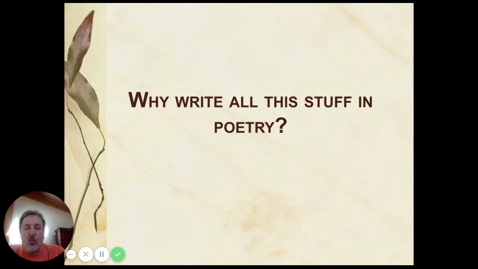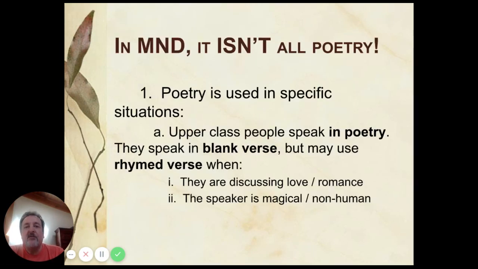So, why do this? Why write all this stuff in poetry? And there's a 2-part answer to this. We'll get into it. First off, it's not all poetry. And that's one of the good things about reading this play first, is it shows you that through the text. All right?